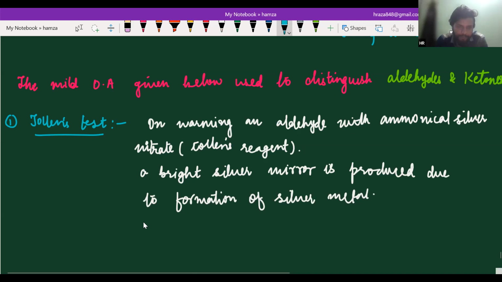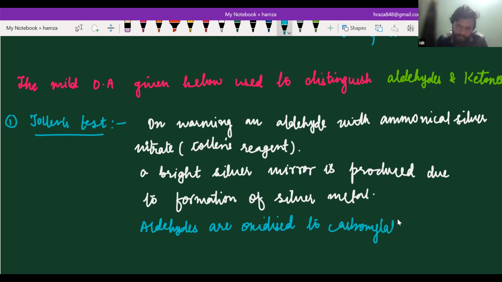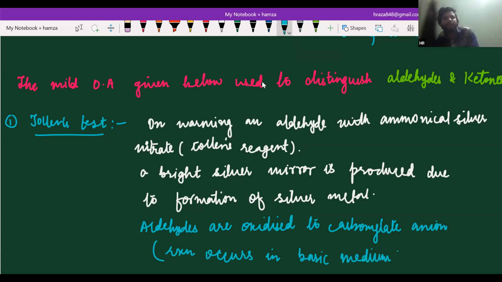So we can write: aldehydes are oxidized to the corresponding carboxylate anion. Also it is very important to note the reaction occurs in basic medium. Please write it down and let me know.